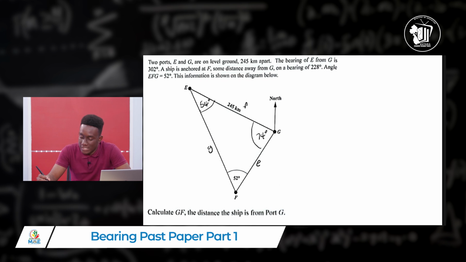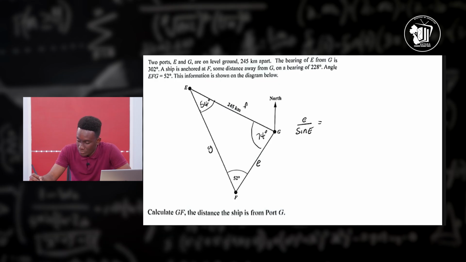The sine rule says, in this case, we want to find e, so e over sine E is equal to f over sine F. So e is GF, sine E is sine 54, is equal to f, which is 245, over sine F, which is sine 52.